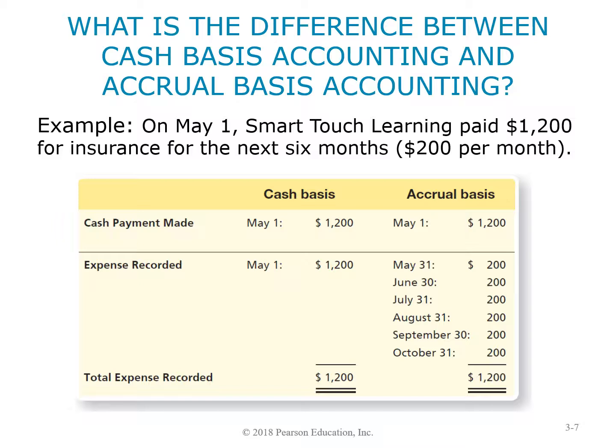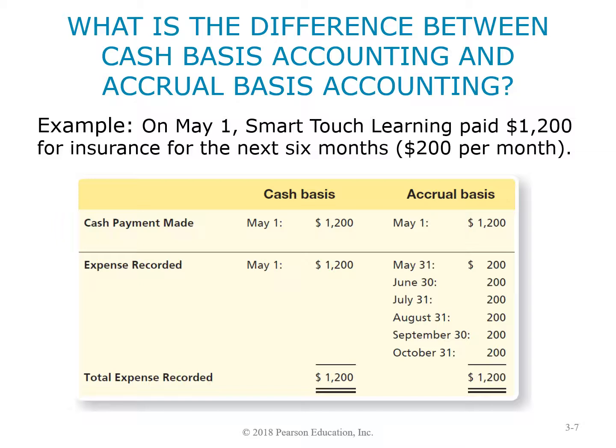But if you were accrual basis, you would put that expenditure into an asset called prepaid. And then you would show it to be expensed for $200 every month until it got used up. So in that way, you are spreading the expenses out into the months that it covered you. So it's a better picture of what happened.